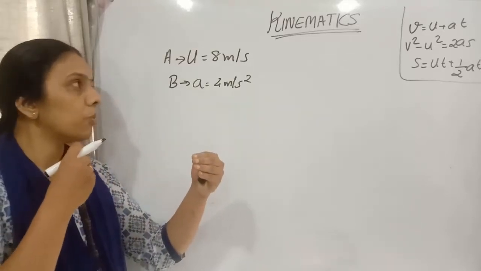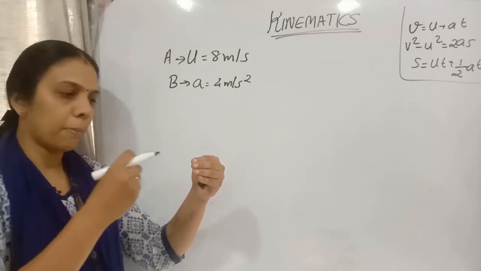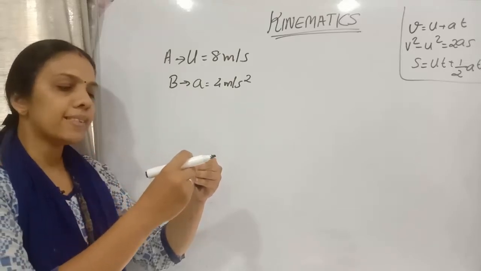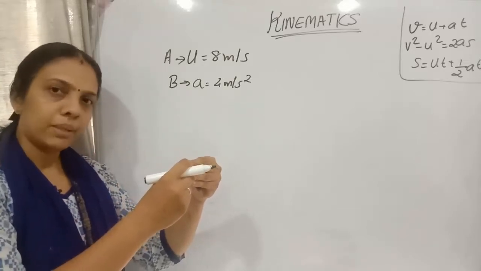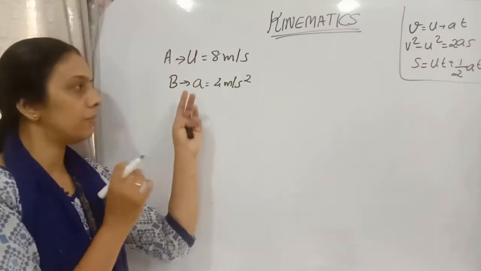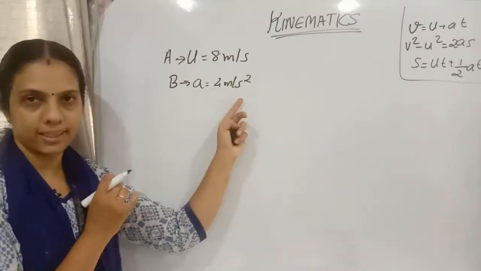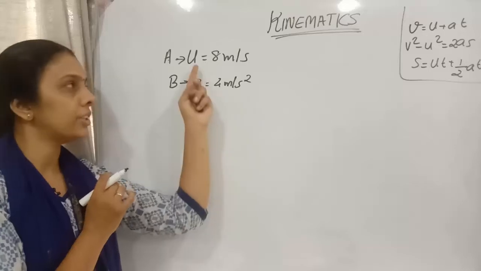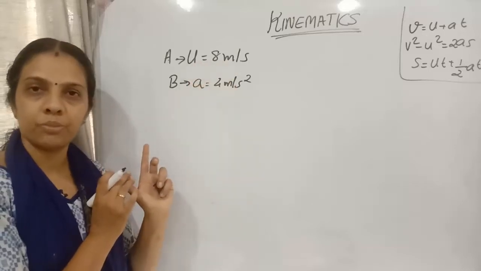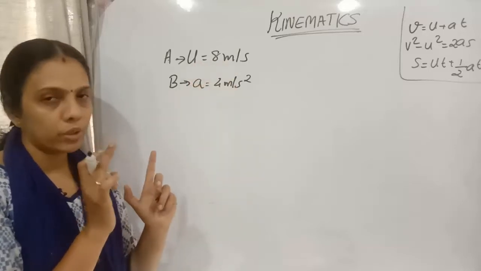A is moving with a uniform velocity of 8 meter per second, and B has an acceleration of 4 meter per second square.